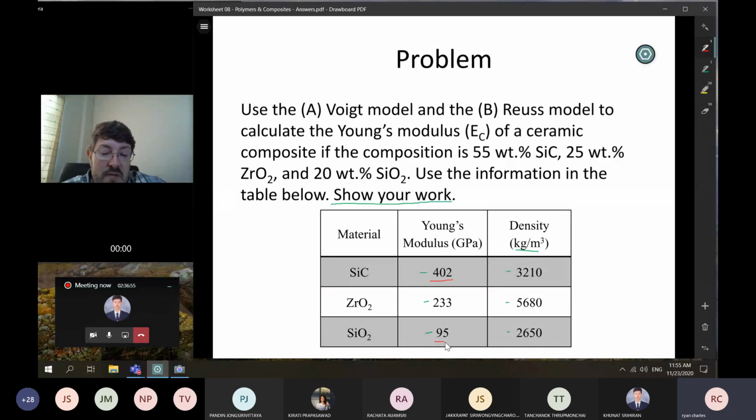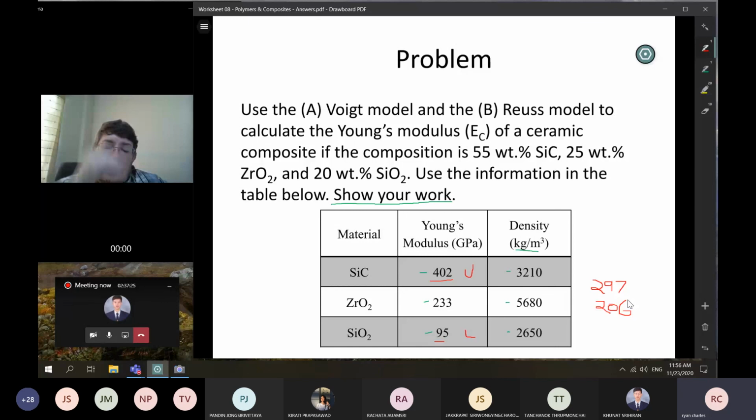It can never be more than 400 because we're mixing in things smaller. It can never be smaller than 95 because we're mixing in things greater than that, right? So this is an upper and a lower boundary. Our numbers were 297 and 206. They're in between that. So logically, we didn't violate those boundaries.